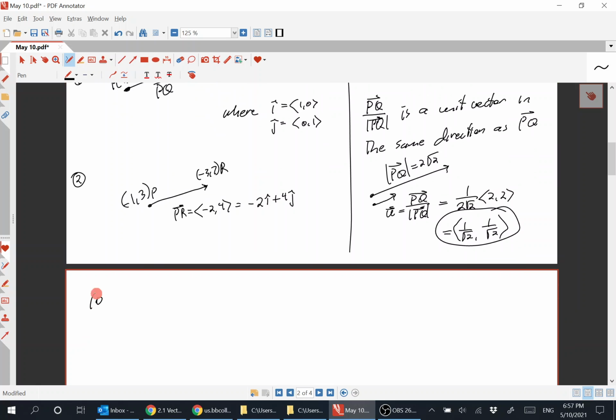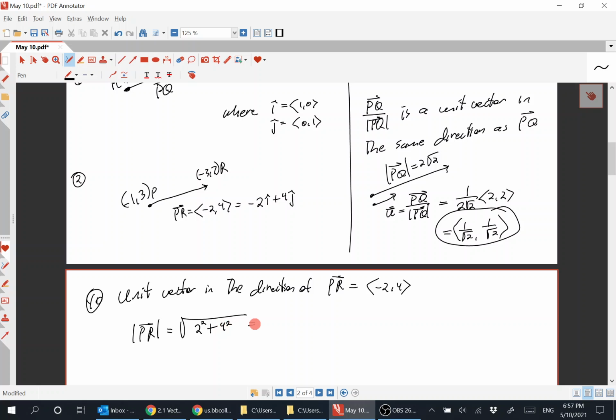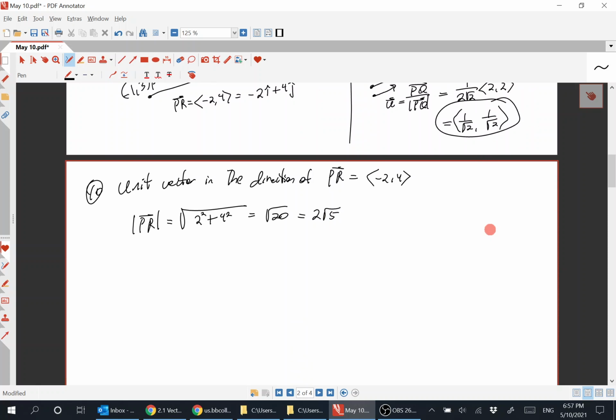For the unit vector in the direction of PR, which is equal to (-2, 4), first take the length of PR, the square root of 2 squared plus 4 squared, so square root 20, which is 2 square root 5.